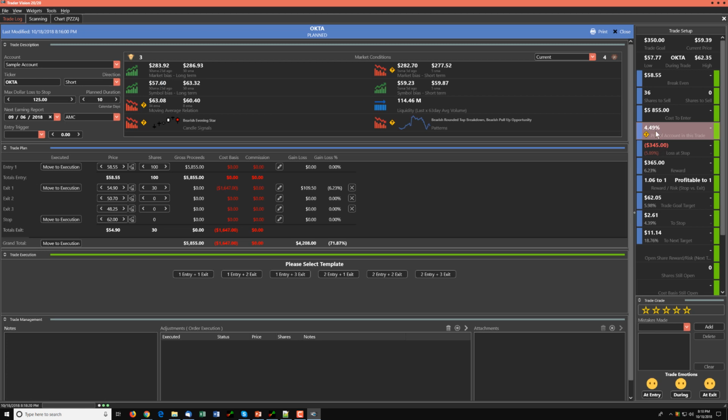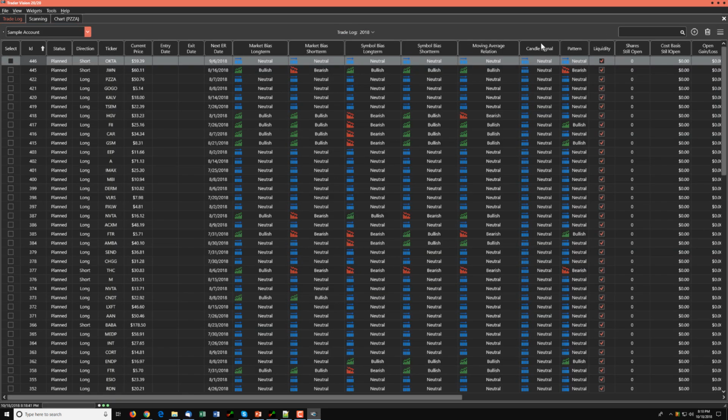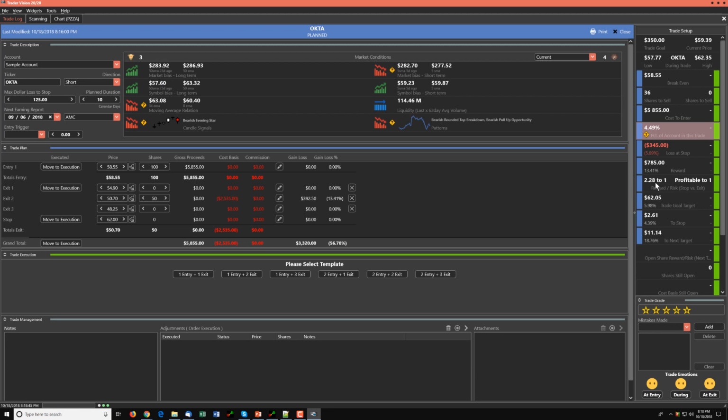So it's a big position, but let's go ahead and take it. That's not giving us very much. If we can look past that first target and just say the second target is where we're at, what does that give us? We got something going on here tonight. Yeah, it's giving us 2.28 to 1, so that second target would work.